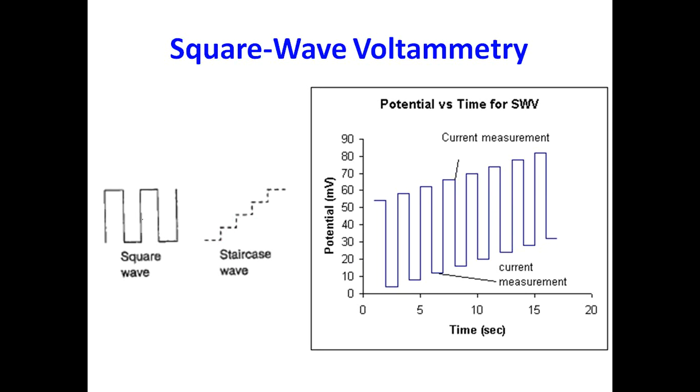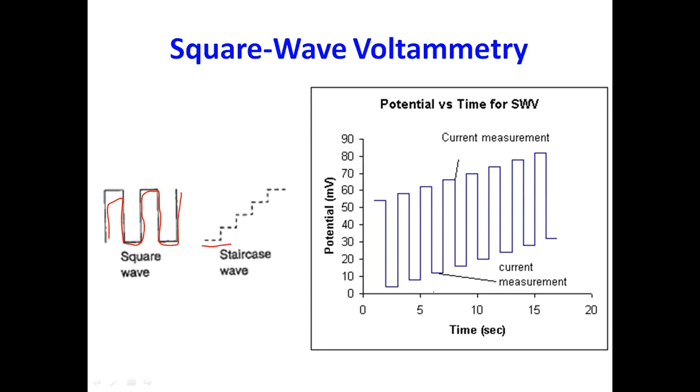Here the pulse is increased to a particular level, then brought back, and then increased again. You can call this a square wave because every time the change in amplitude is the same; it goes in the forward direction, then comes in the reverse direction. This square wave is superimposed onto a staircase wave of potential, which gives you a potential ramp of this nature. That's why it is called square wave voltammetry.